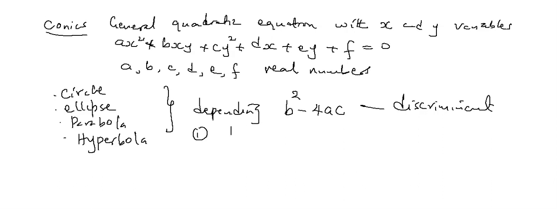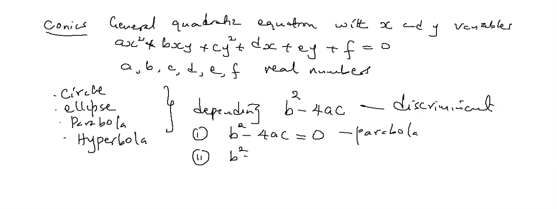1. If b squared minus 4ac is equal to 0, then the graph will be a parabola. 2.